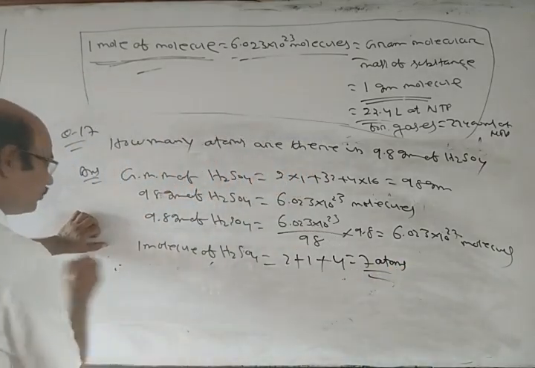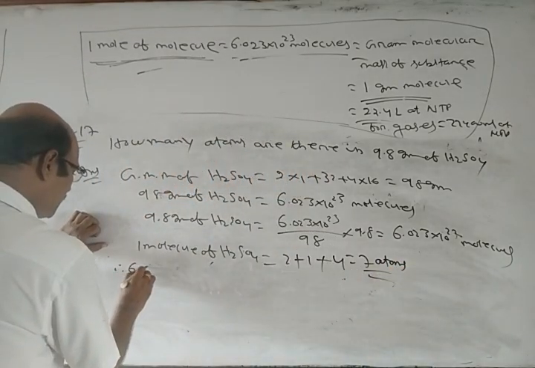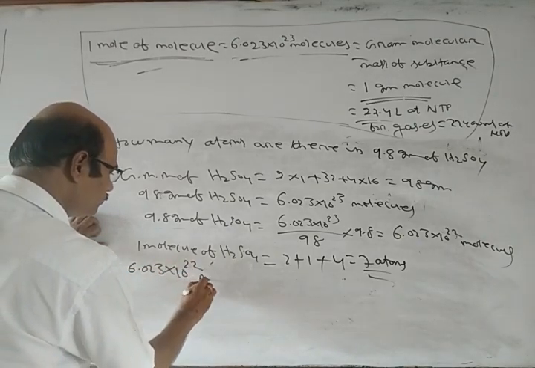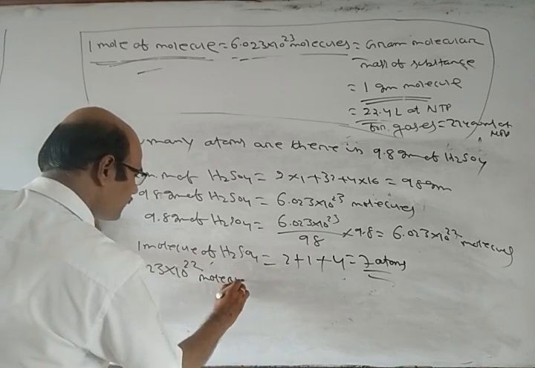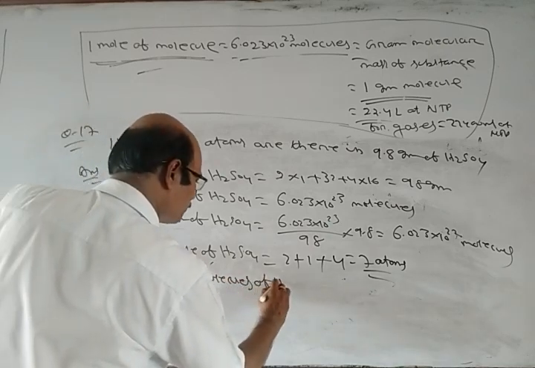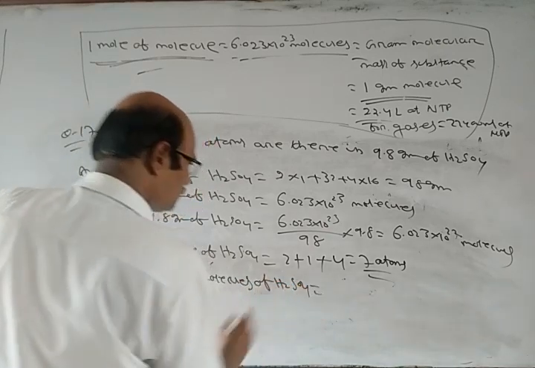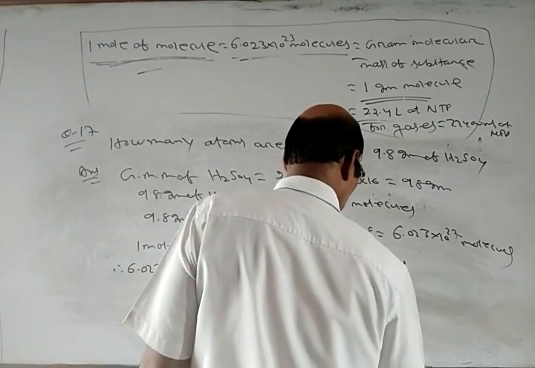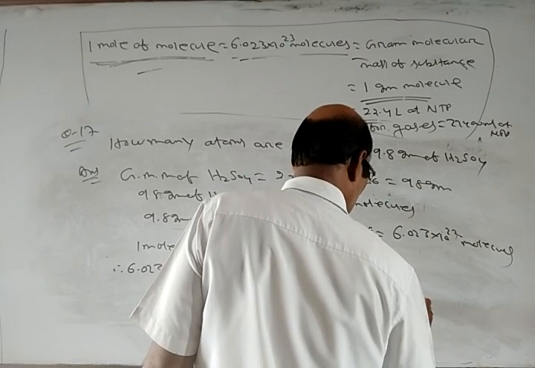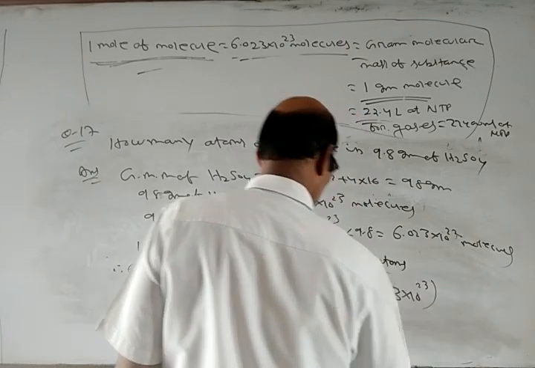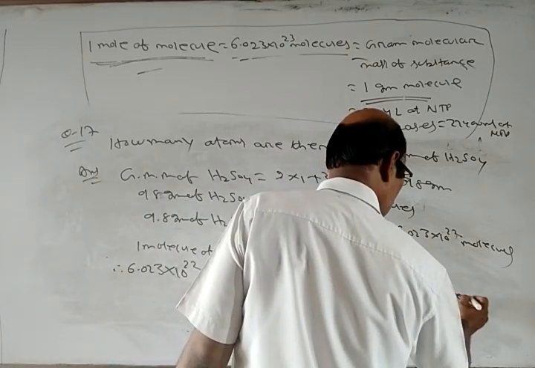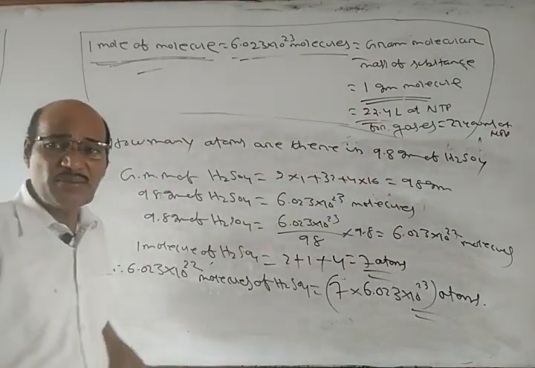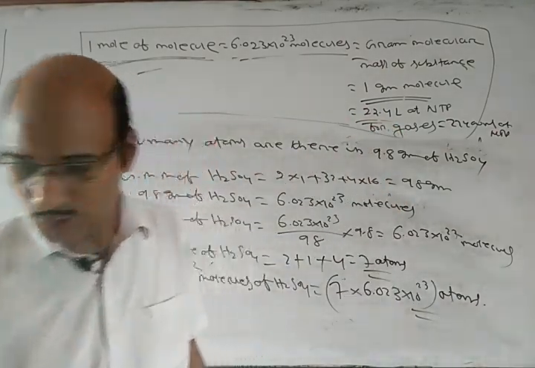Therefore 6.023 into 10 power 22 molecules of H2SO4 equal 7 into 6.023 into 10 power 22 atoms. Okay. In this way we can calculate the number of atoms in a molecule also.